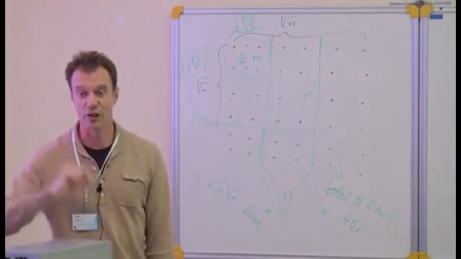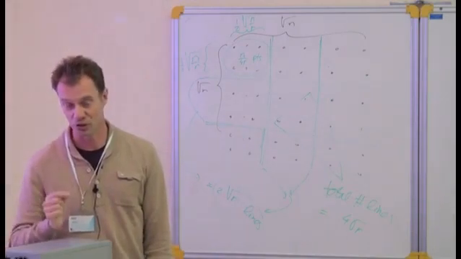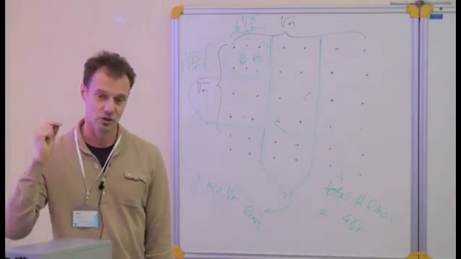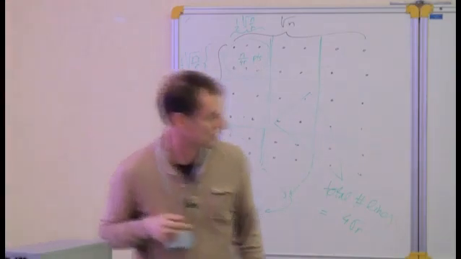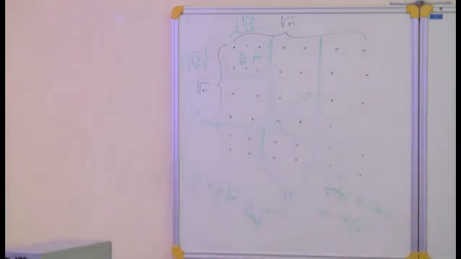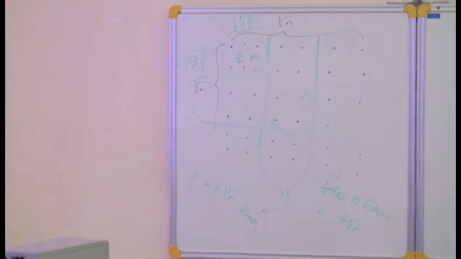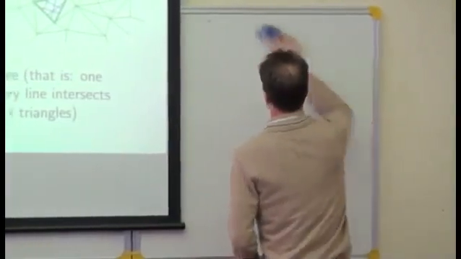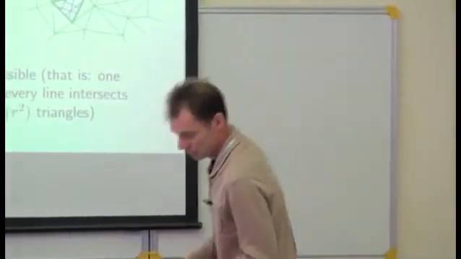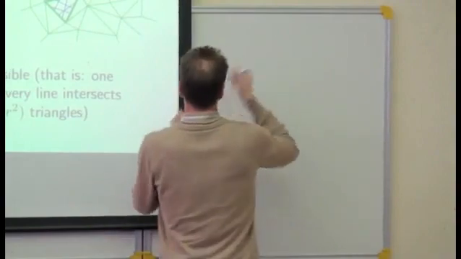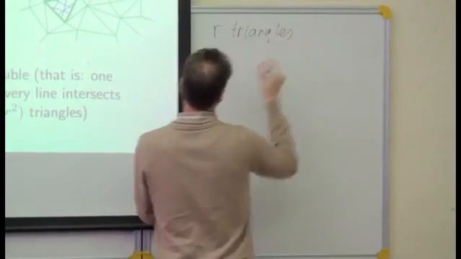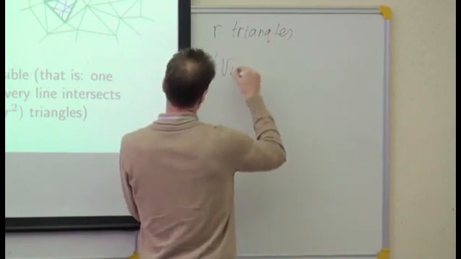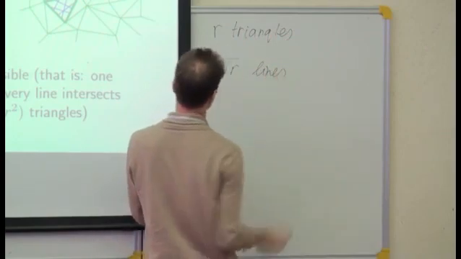So one of these lines must intersect at least square root of r divided by 4 of your triangles. Right? You have r triangles, let's say 4 square root of r lines. Okay.